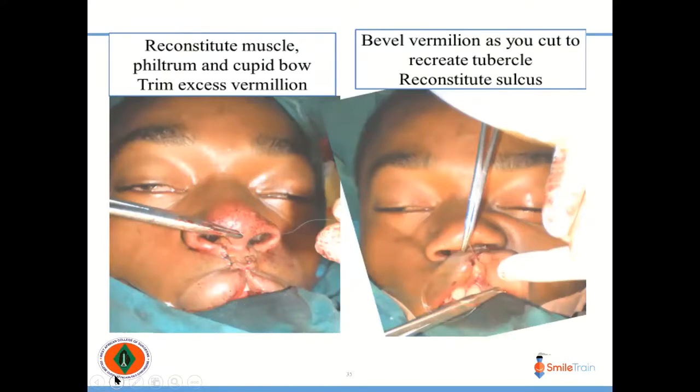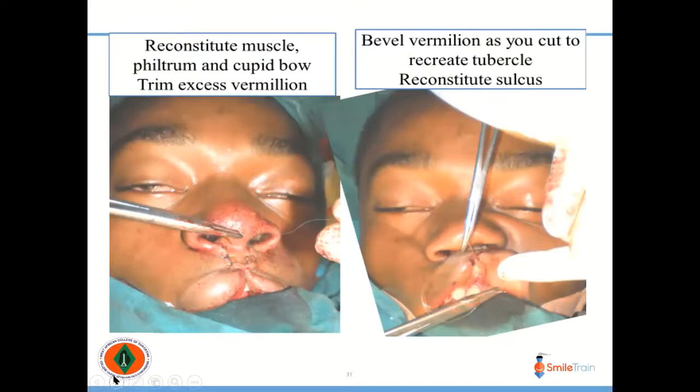Next, please. Thank you. So here, that's the same patient. We have closed the muscle. We have now brought the skin together. You trim off the excess vermilion, and on the right, you can see how we have brought the elements together and we're closing at the midline.